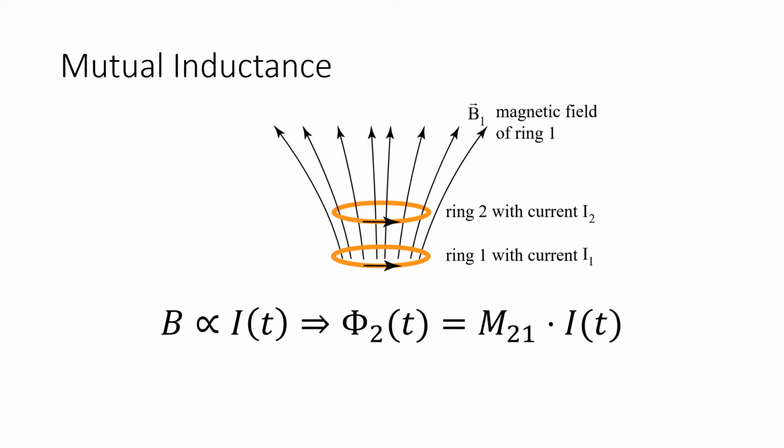This relationship between the magnetic flux through ring 2 from the current running through ring 1 is defined as this mutual inductance constant. And in this case, it is what inductance means. It is the proportionality relationship between the flux and the current.